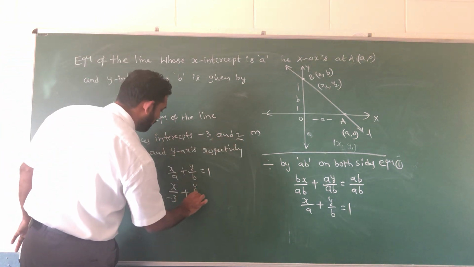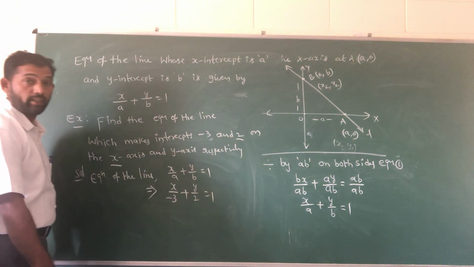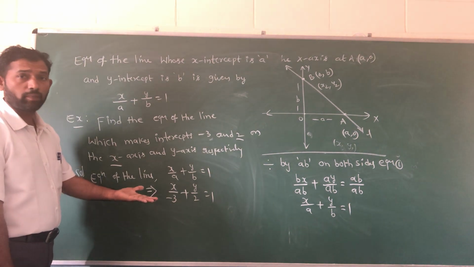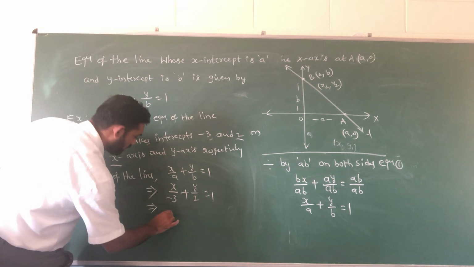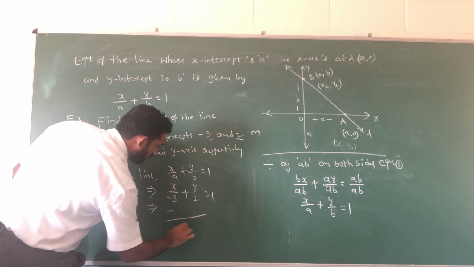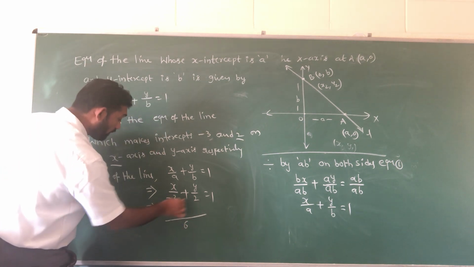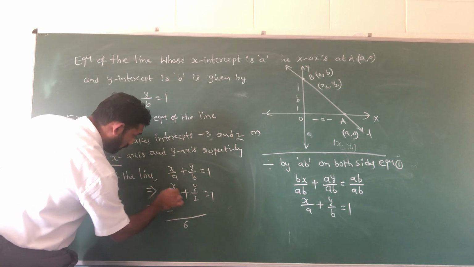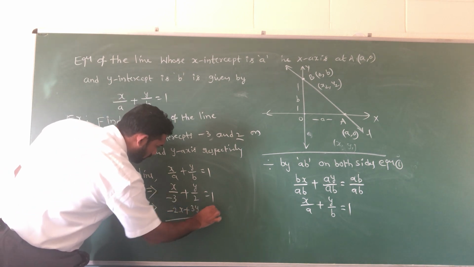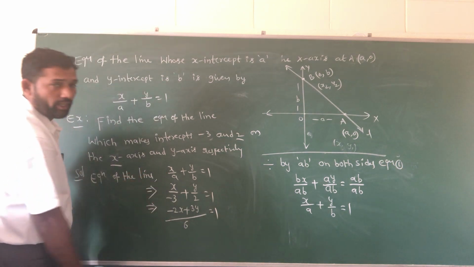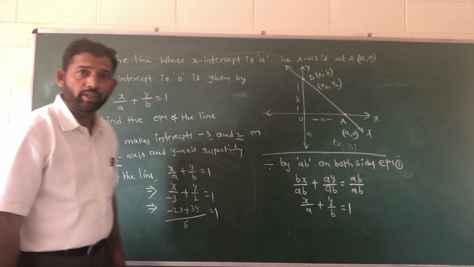So that is our equation. Then you simplify this. So what happens? LCM is 6. This is 2 into, means minus 2x plus 3y is equal to 1. Minus you take in the numerator.